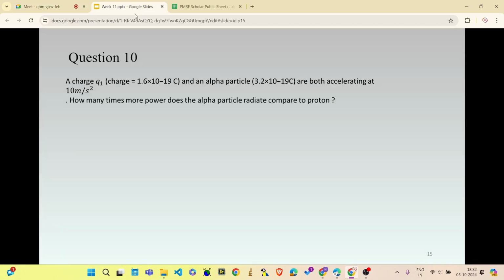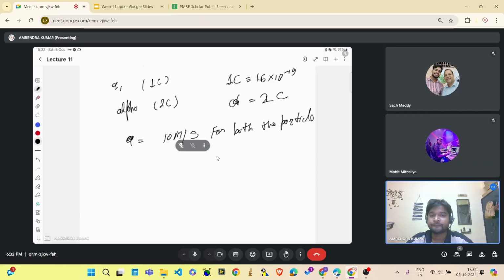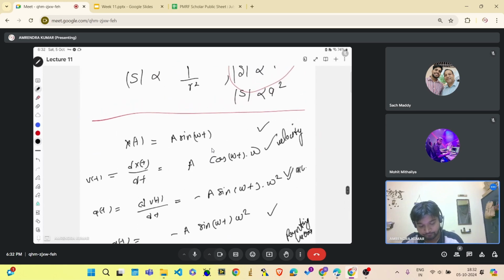We have to find out how many times more power the alpha particle radiates compared to the proton. So we have just seen that S is proportional to a square, q square.